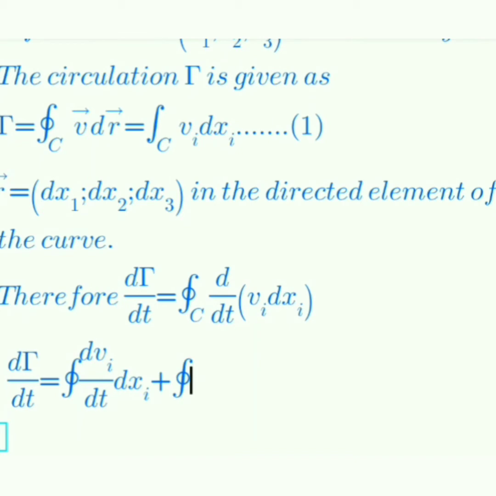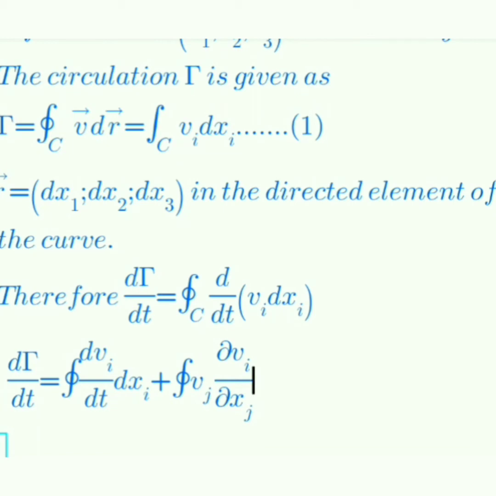So I will get dVi by dt, and now I have to use Vj del Vi by del xj dxj.